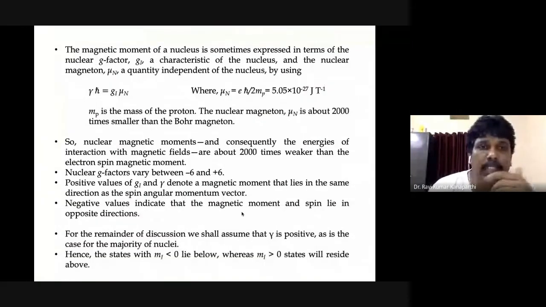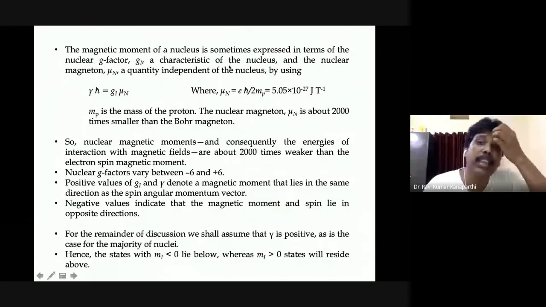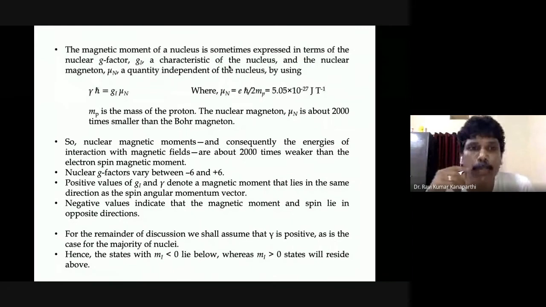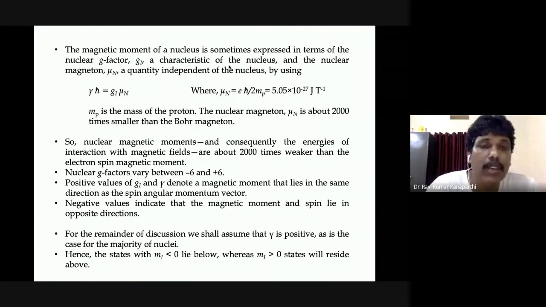And the magnetic moment of a nucleus, sometimes we express in terms of the nuclear g factor, g suffix I. The nuclear g factor is basically a characteristic of a nucleus, along with the nuclear magneton. Like the Bohr magneton is for the electron, similarly we have the nuclear magneton, and gamma h cross is equal to g I mu n.